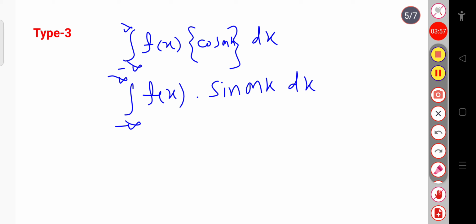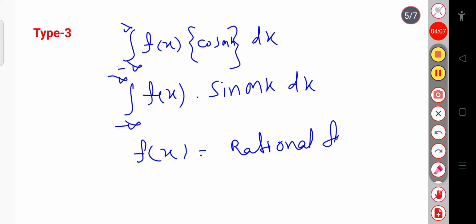Here f of x is a rational function. So how do we calculate this in the complex plane?